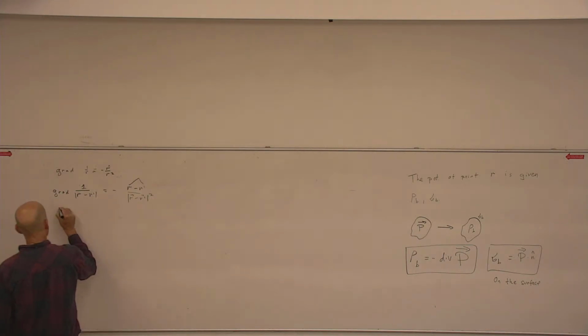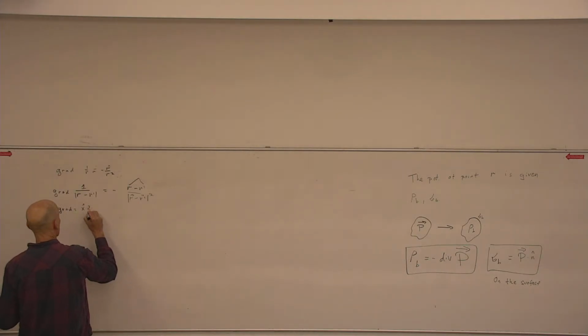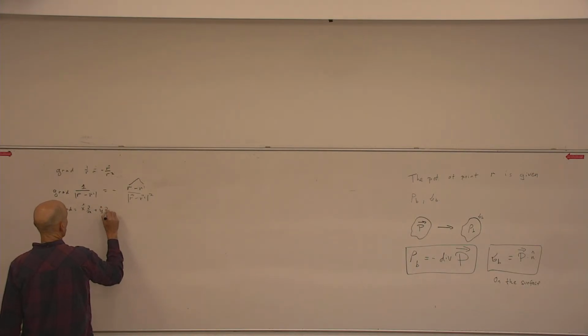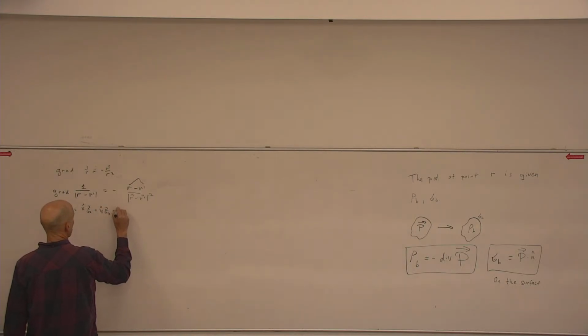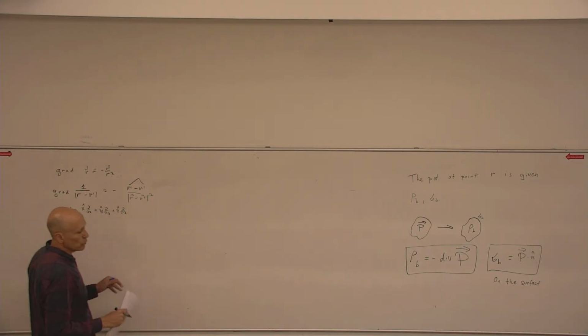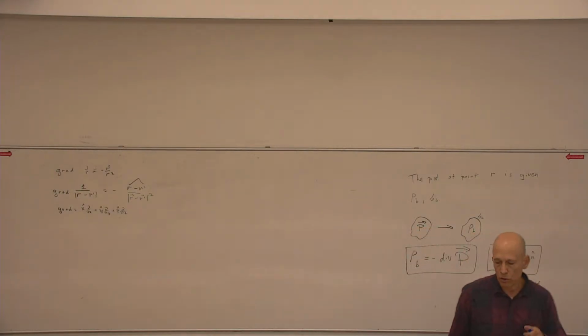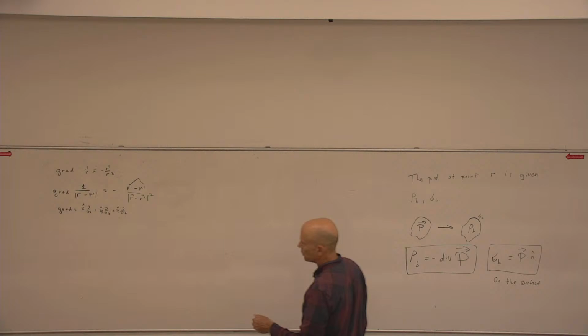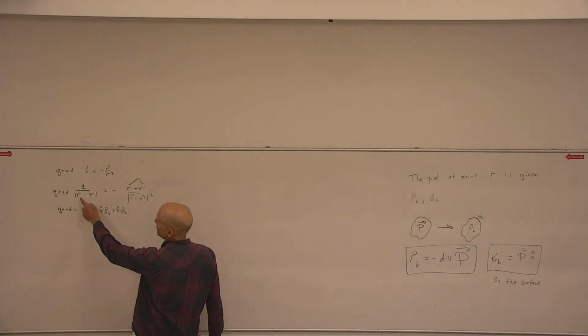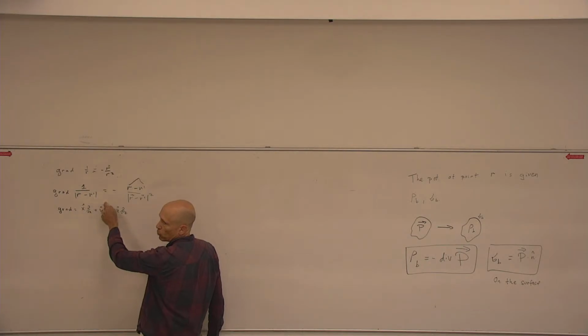Where grad, as you know, is simply x hat d over dx plus y hat d over dy plus z hat d over dz. To prove this is very easy. You say r is (x, y, z) and r prime is (x prime, y prime, z prime).